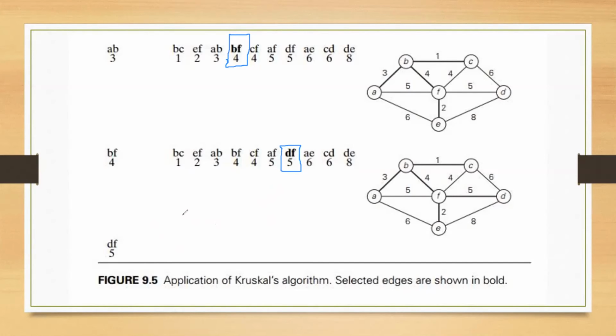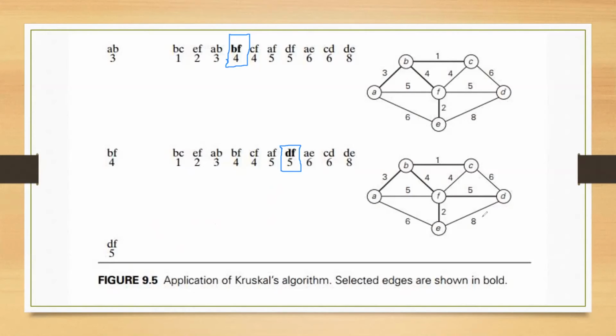So the answer is: totally how many vertices are there? 1, 2, 3, 4, 5, 6. In the spanning tree, what is the minimum number of edges required to connect all the vertices? It is V minus 1, the total number of vertices minus 1.